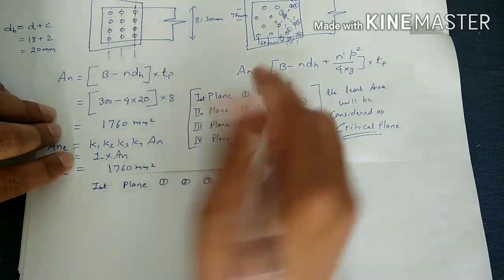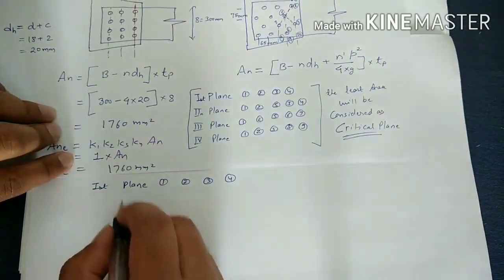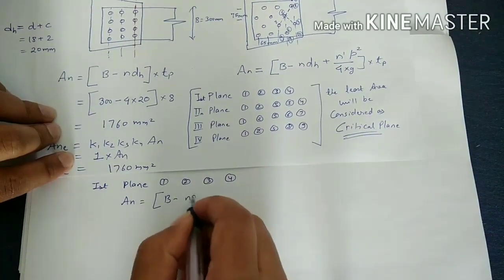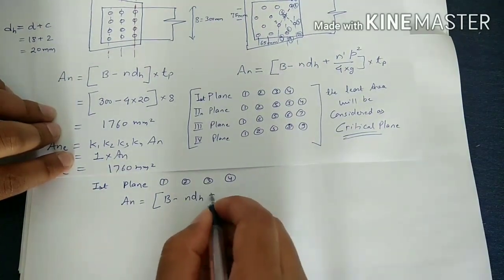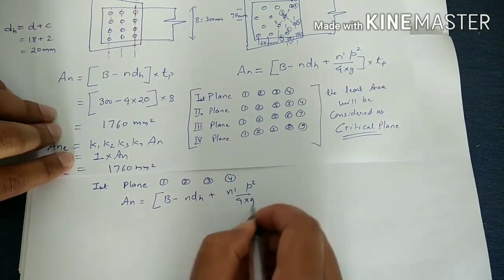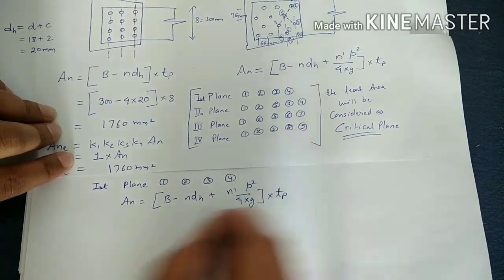We will use the same formula: AN equals B minus N DH plus N dash P square by 4 G into TP.